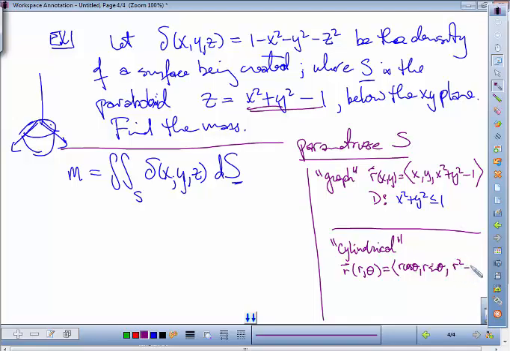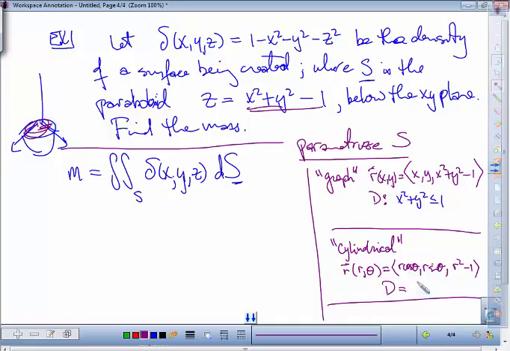So translate that into polar coordinates, you get r squared minus 1. The nice thing about this is that our domain, if you do it this way, is just going to be the shadow that this thing is going to have on the xy plane, which is a circle.